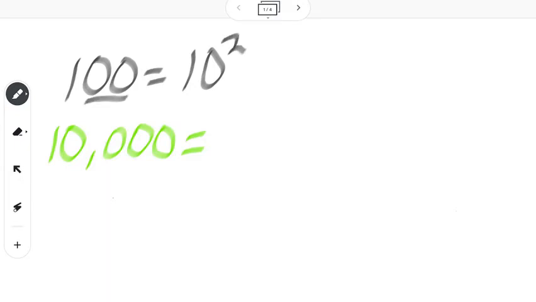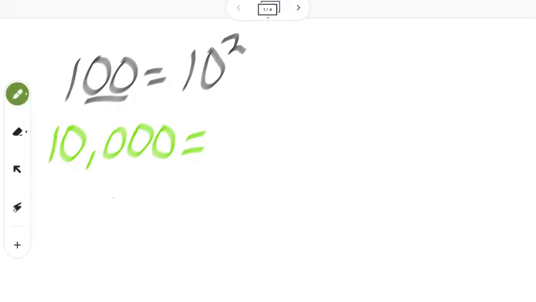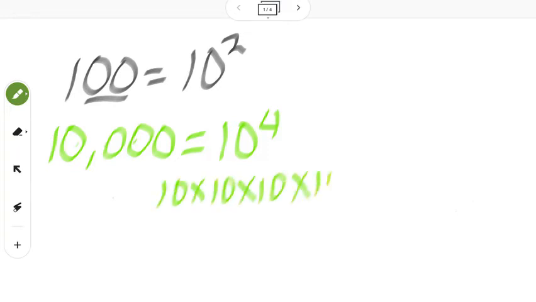It's 10 to the power of 2, which just means 10 times 10. Same thing when I'm going down to 10,000. I'm going to have 10 to the power of 1, 2, 3, 4. It's 10 to the power of 4 because this is essentially 10 times 10 times 10 times 10 equals 10,000.